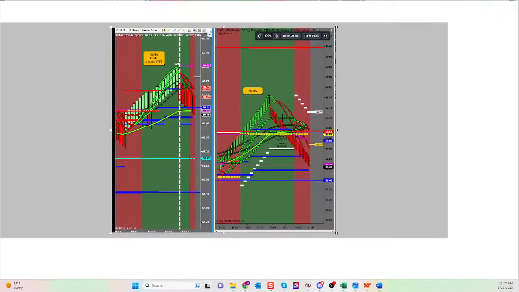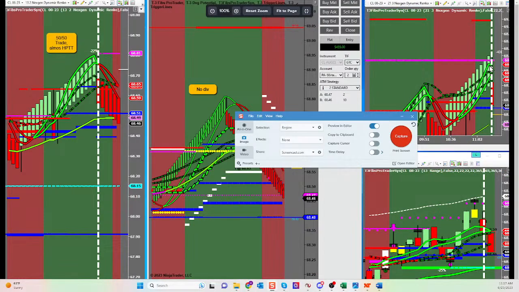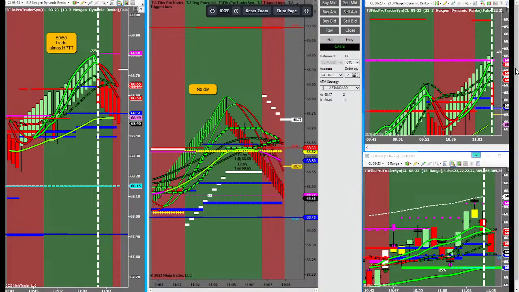Your only focus in the beginning, hey, K-Pops, have a great weekend. Your only focus in the beginning is this entry when the rules are met, right? As you grow with the software, Alex, you may say that there is absolutely no way I'm trading into a potential pivot stop out on the 21. Trickle-down theory, right? If this is a termination condition and this is a 50-50, it's kind of trickle down.